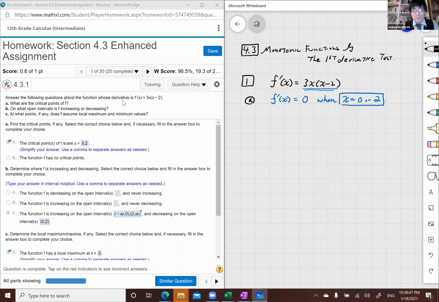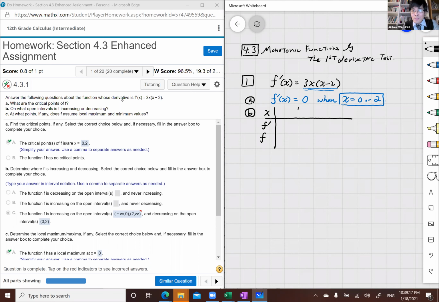Now let's move on to part B. On what open intervals is f increasing or decreasing? Now I'm going to check whether the derivative is positive or negative. I'm going to create a table, a sign chart for f' and f. The critical points in this case are 0 and 2.